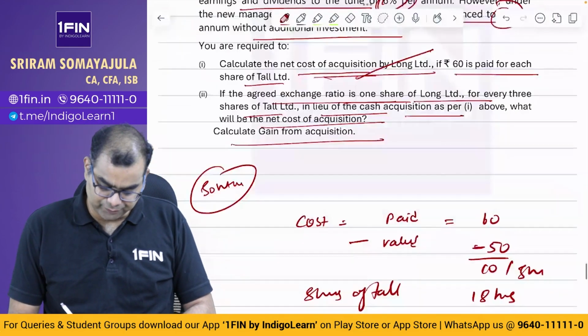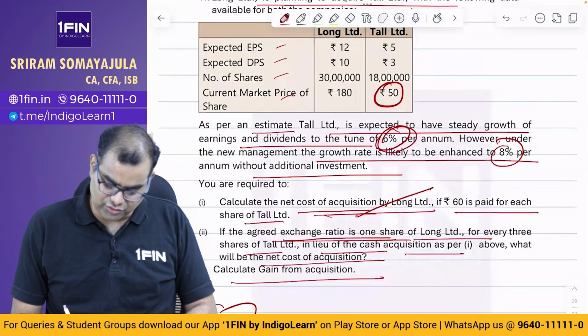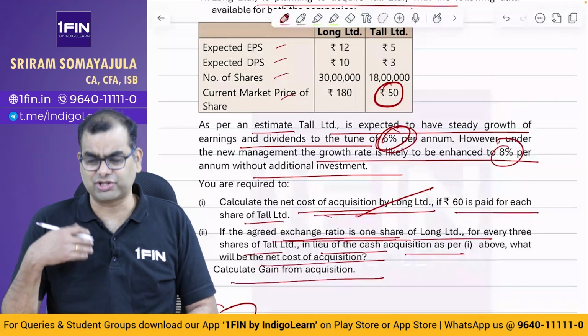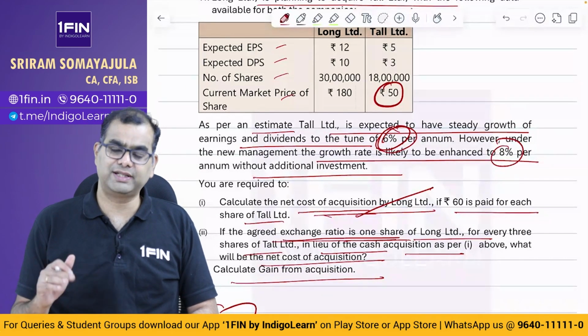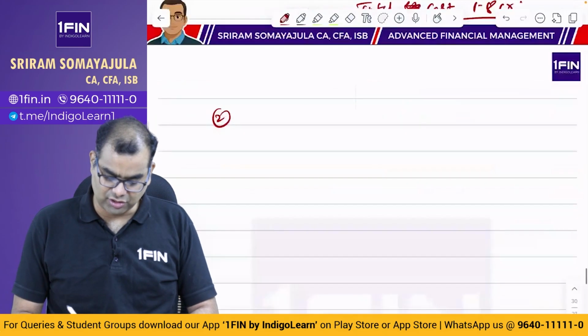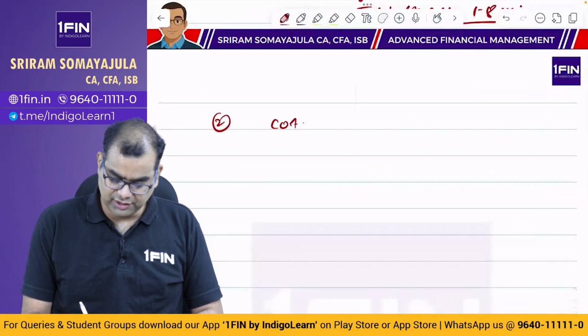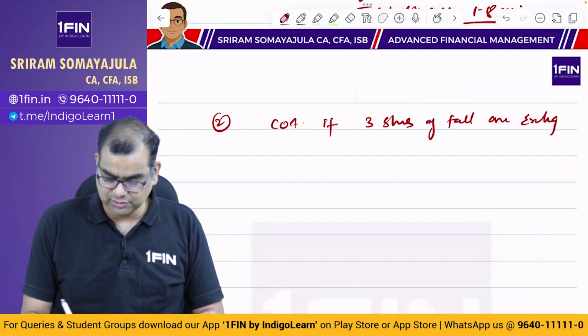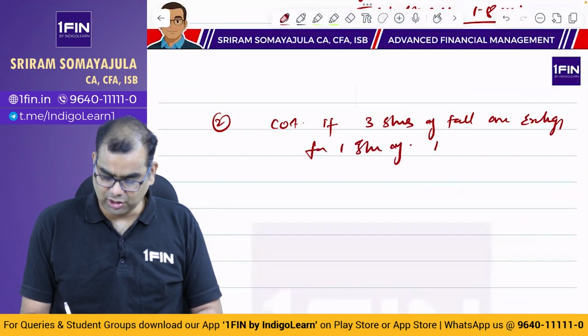Now come to the second part. If the agreed exchange ratio is 1 share for every 3 shares in lieu of cash as per 1 above, so instead of 60 rupees cash, you are saying that we will exchange at the ratio of 3:1. What will be the net cost of acquisition? Cost of acquisition if 3 shares of Tall are exchanged for 1 share of Long.